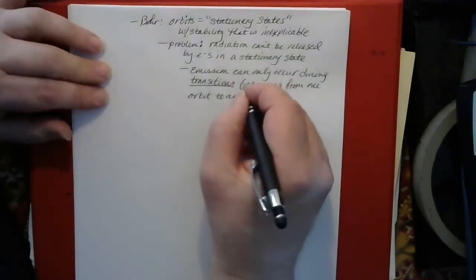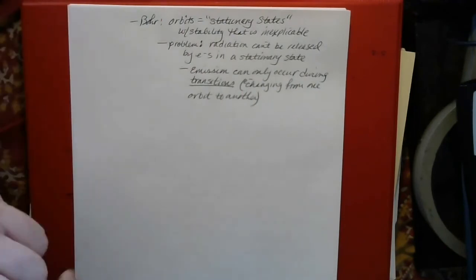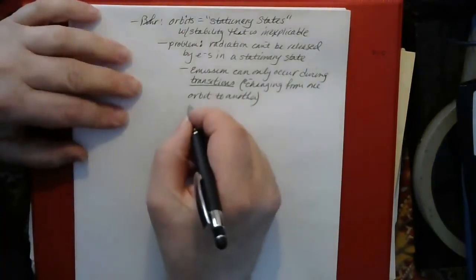So a transition is when an electron changes from one orbit to another, and that is when emission or absorption of electromagnetic radiation can occur.